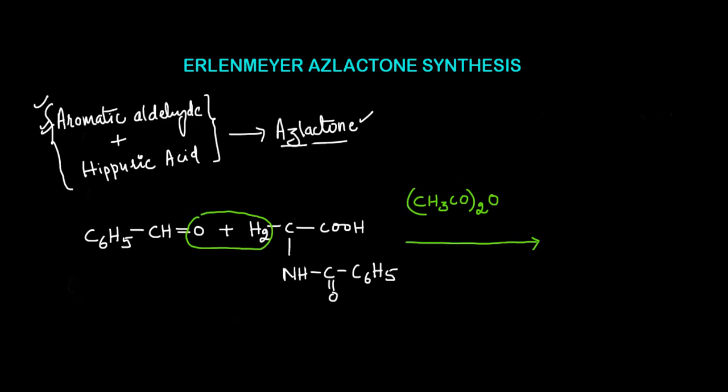It is a dehydrating agent. It will do dehydration, so the H2 of the hippuric acid and the oxygen of the aromatic aldehyde are removed. So we lost this H2O molecule from here.